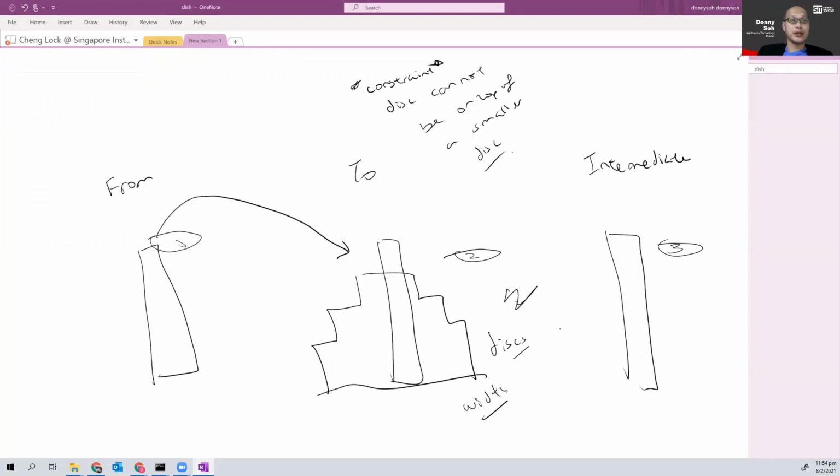Another thing we are provided with is that at the very beginning, your disks are all arranged in a very nice fashion, from big to small. So this is the so-called problem.